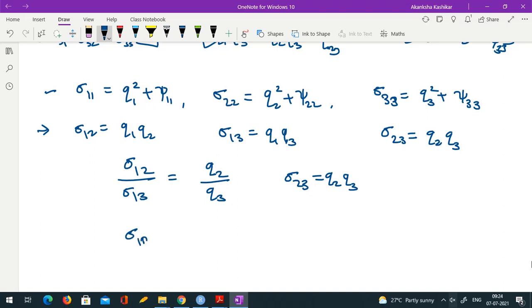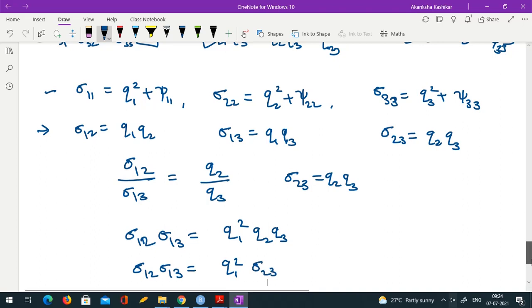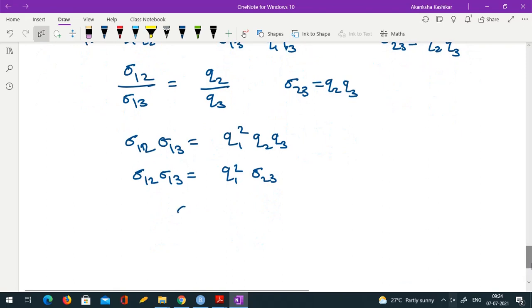Another thing that I can do is sigma 1 2 into sigma 1 3 is q1 square q2 q3. So basically sigma 1 2 sigma 1 3 is q1 square, and q2 q3 we know is sigma 2 3. Okay, so now I get something about q1 square. So I get q1 square as sigma 1 2 sigma 1 3 upon sigma 2 3.